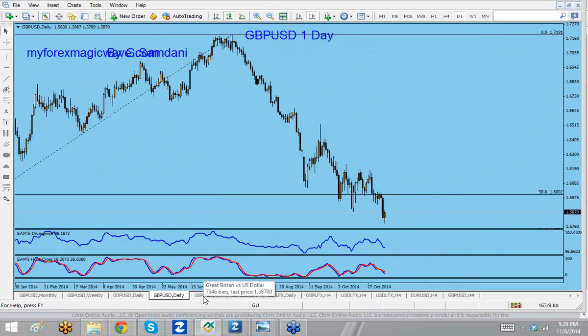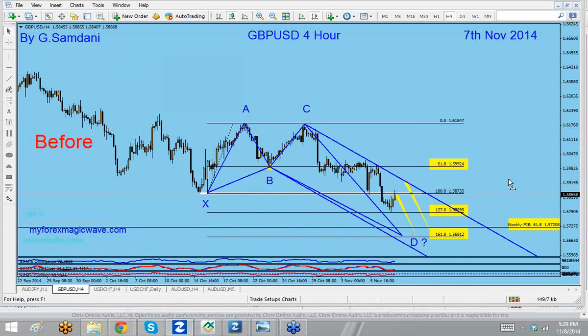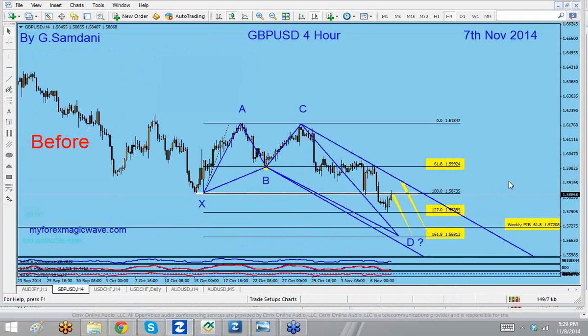We still have a little room there to cover. So this is a pattern that I was watching, and I was worried that maybe it's going to get ruined, but it did. After NFP, it's holding it. So let me explain this to you.